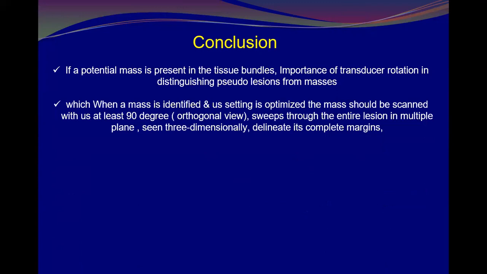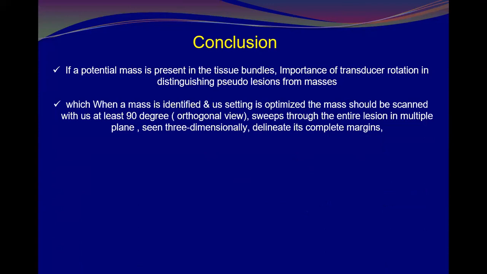When a mass is identified and the ultrasound settings are optimized, we have to scan in a perpendicular or orthogonal view at 90 degrees, and sweep throughout to evaluate the margins.